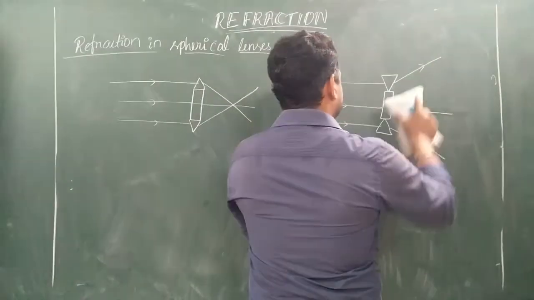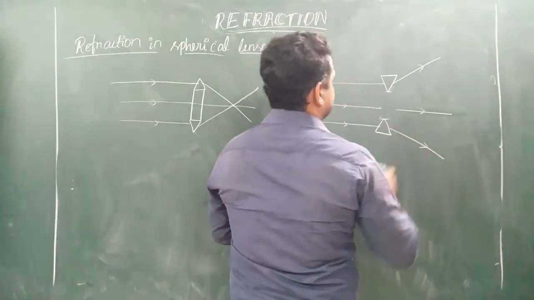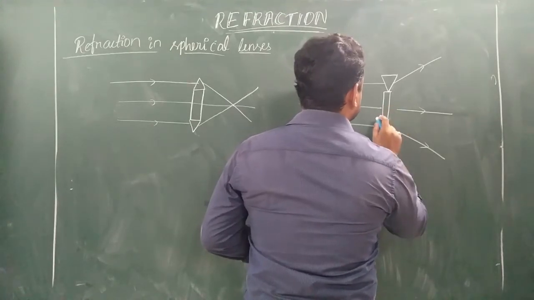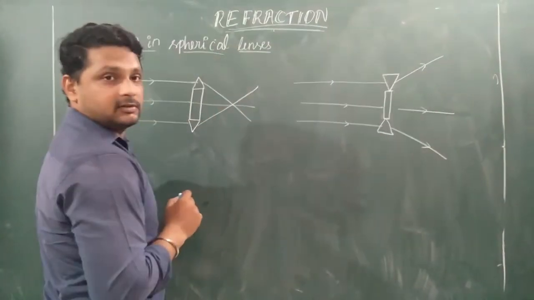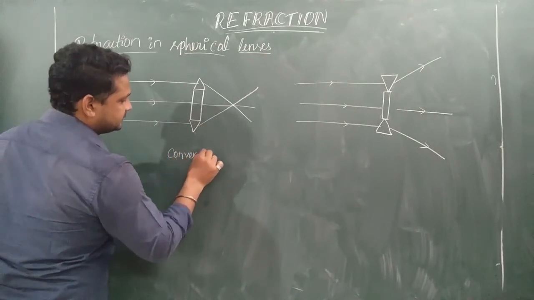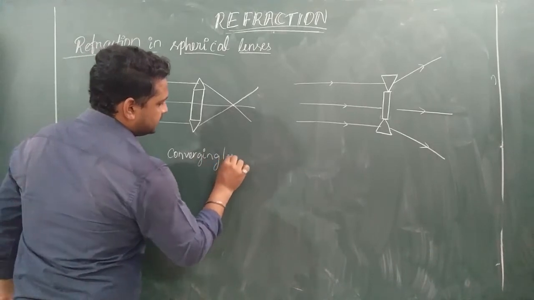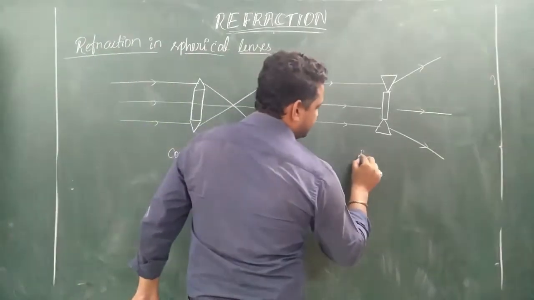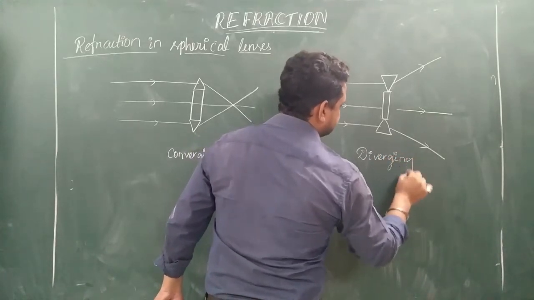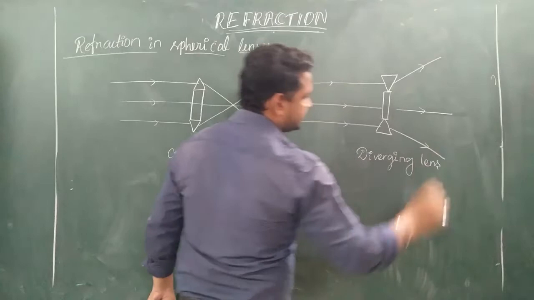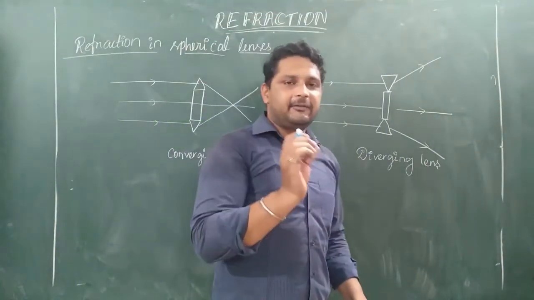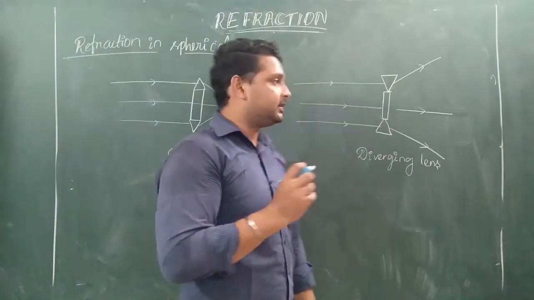This one is a little thin. So they named this the converging lens, and this they called the diverging lens.